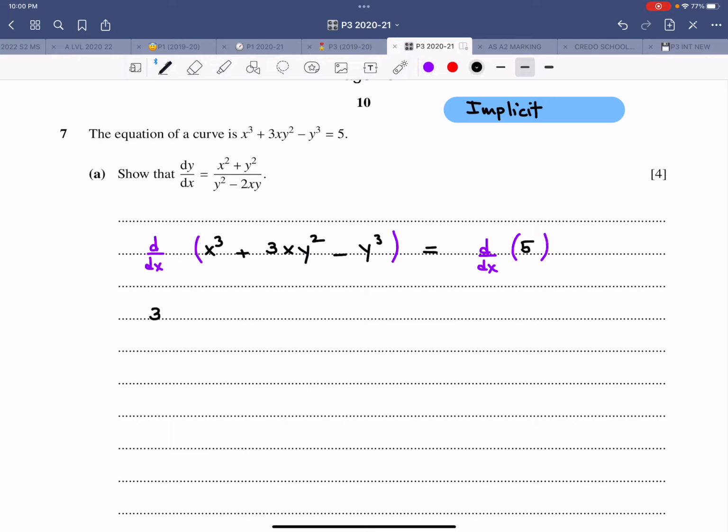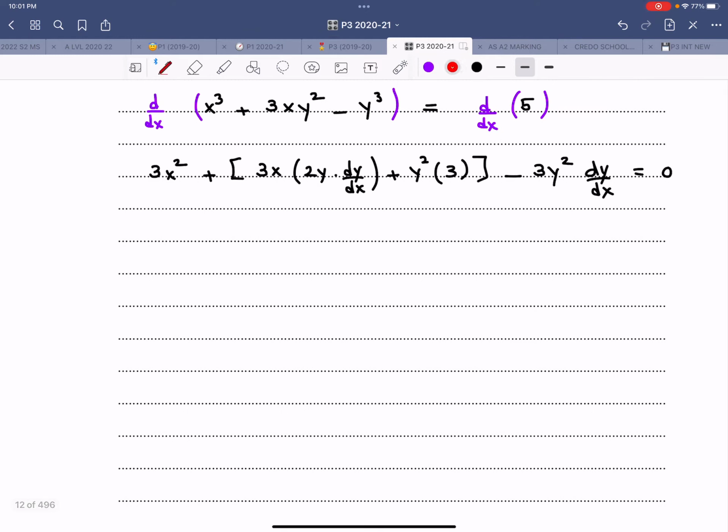x cube is 3x square, and over here product rule is applicable. 3x into 2y dy by dx, and this is y square into derivative of 3x, which is 3. Derivative of y cube is 3y square dy by dx. Derivative of a constant is 0.